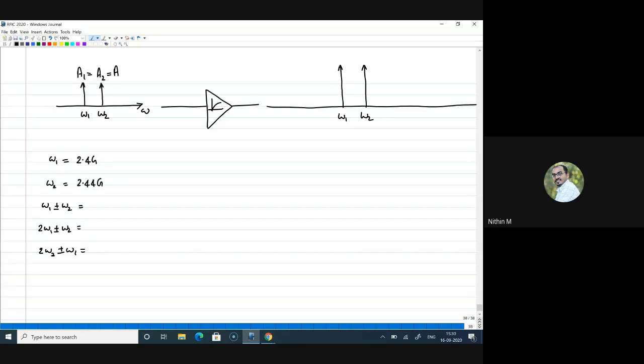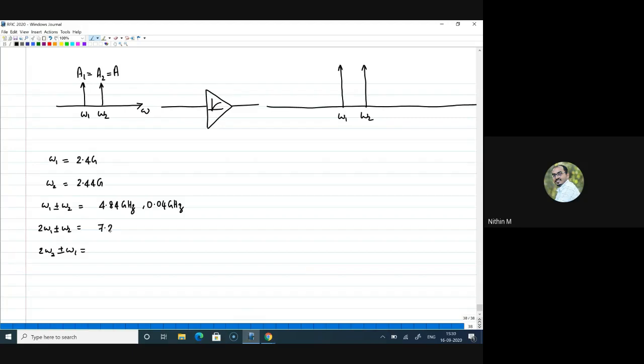Yes, it is 4.84 gigahertz and 0.04 giga, which is 40 mega, right? Yes. That is omega 1 plus or minus omega 2. What about 2 omega 1 plus or minus omega 2? Yes, let me just note down.